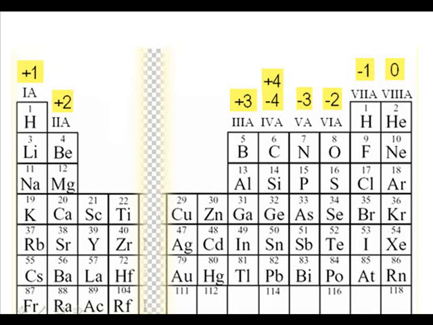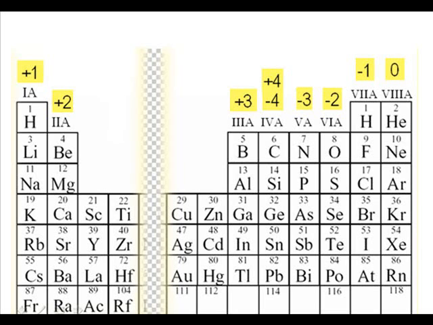On the right side, fluorine, chlorine, bromine, they all have 7 electrons on the outside, and they're going to acquire an extra electron to complete it, giving it a negative charge. And the argument applies to the column with oxygen and the column with nitrogen.